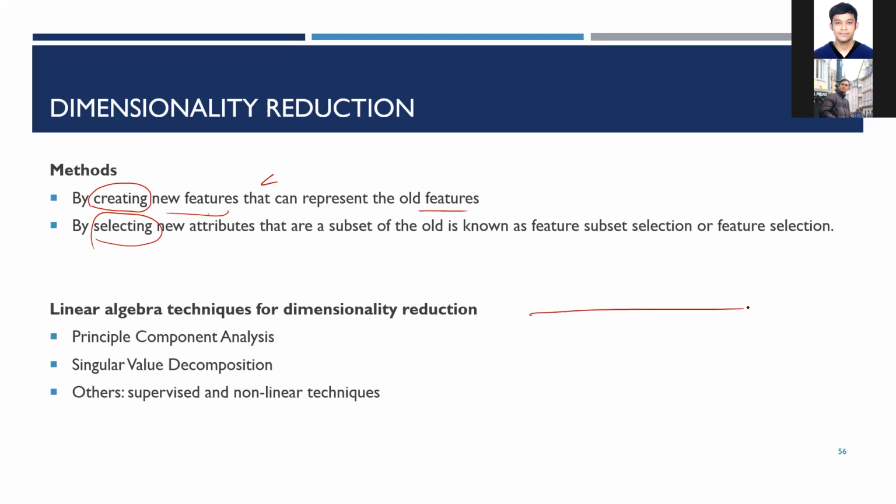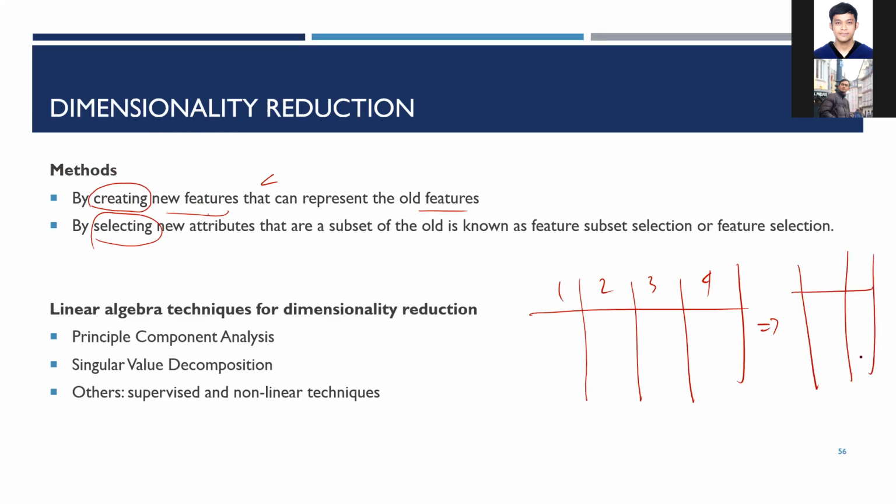Creating means that if we have, for example, 1, 2, 3, 4 attributes, creating new means that we will have, let's say, A and B. Of course, this A and B represent all the features 1, 2, 3, 4.